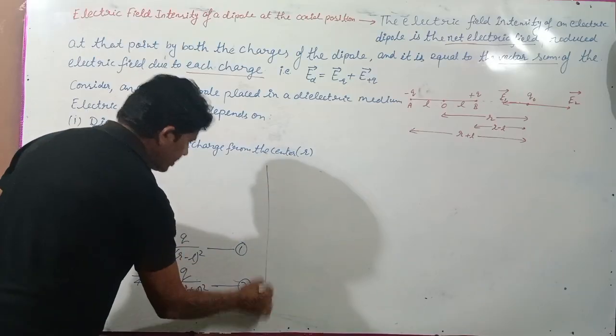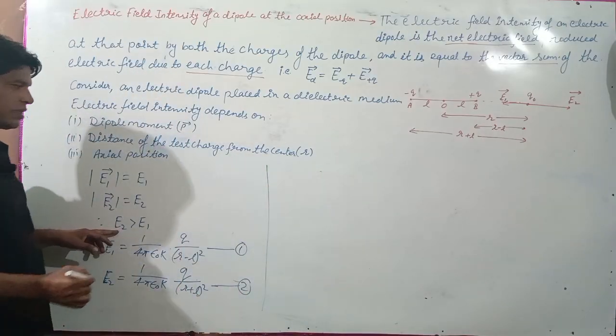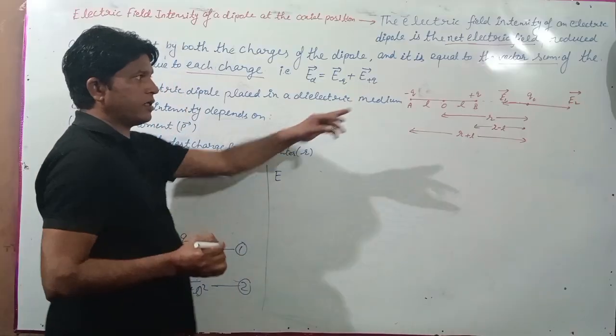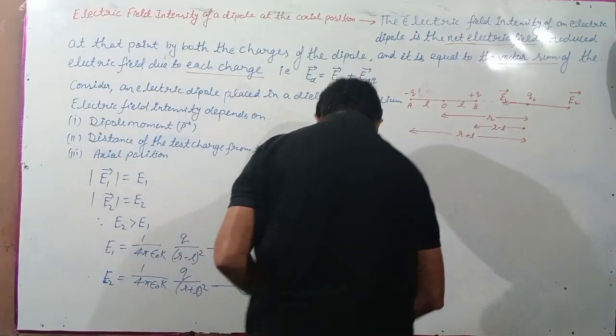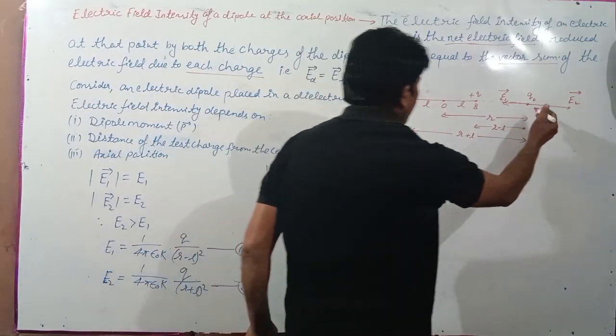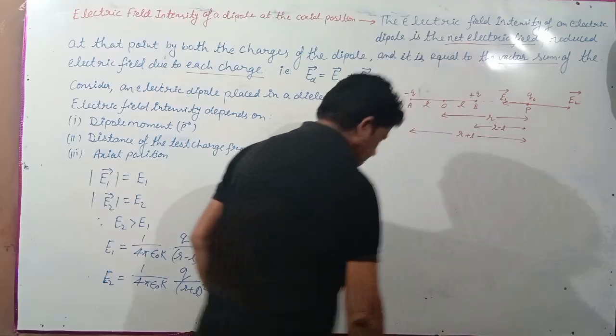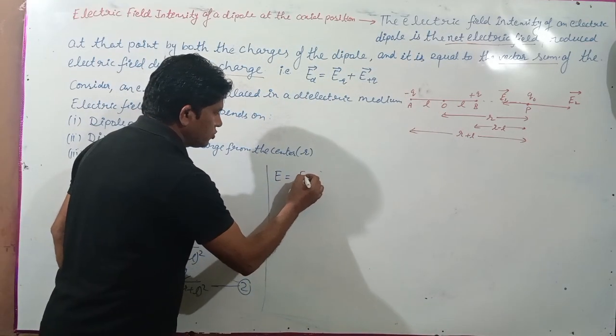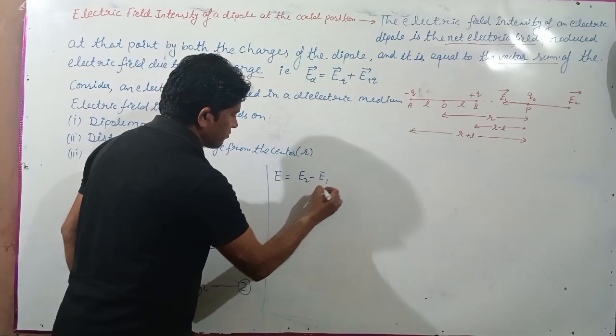We know that here E2 is greater, so the net electric field produced by the dipole at point P is E equal to E2 minus E1.